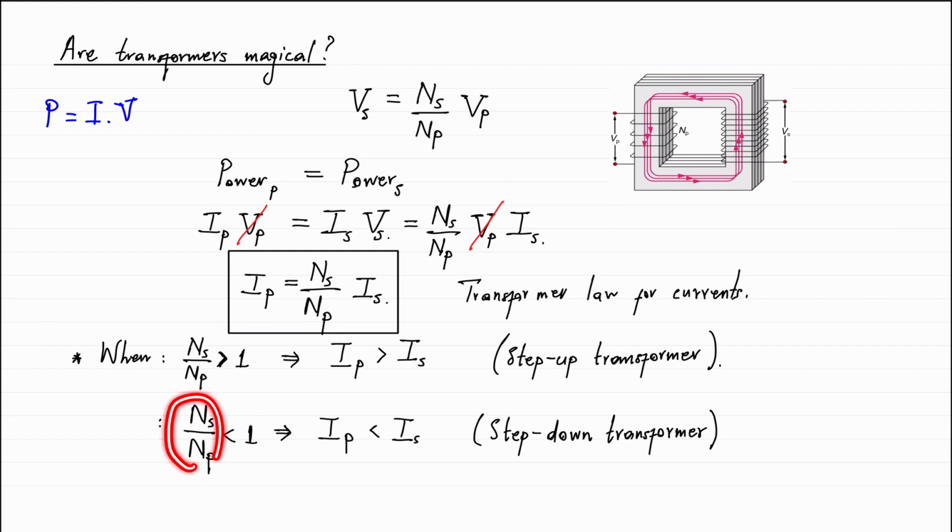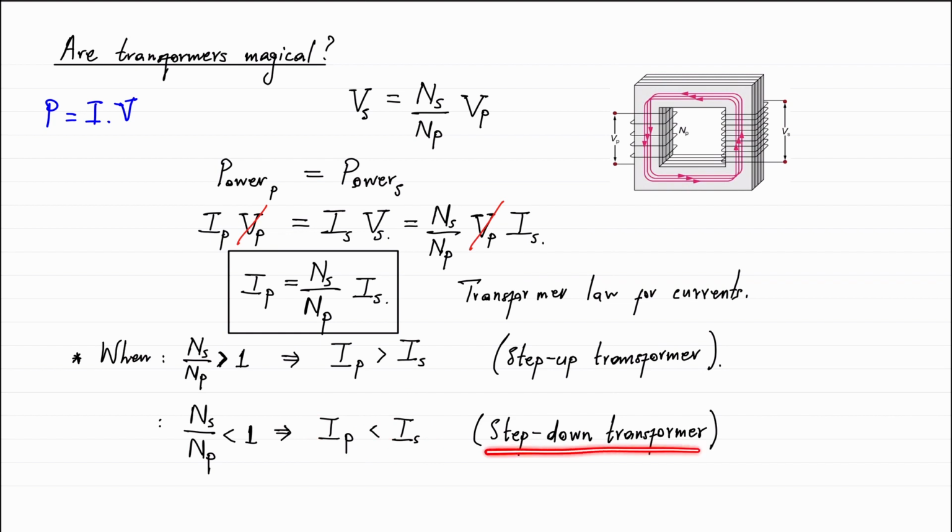The same goes with a step-down transformer. Whenever the turns ratio is less than 1, this means the primary current is going to be less than the secondary current, which means we would have more current on the secondary side than we do on the primary side.